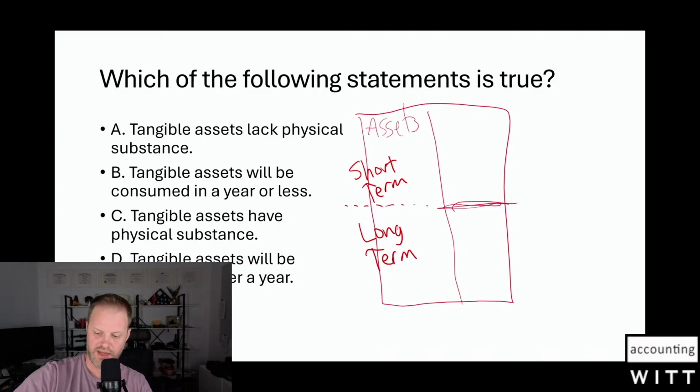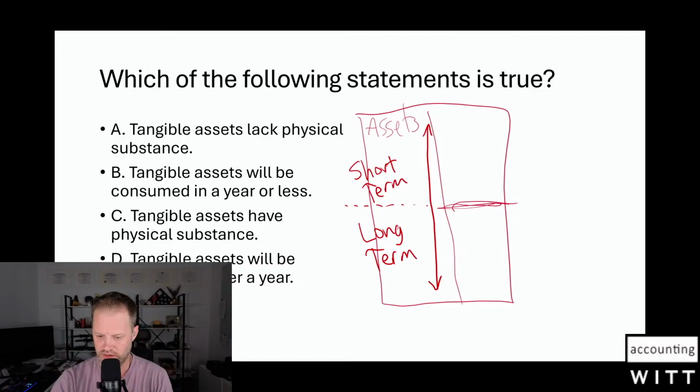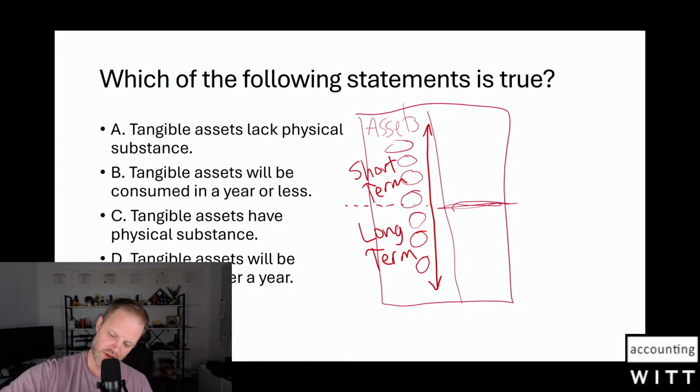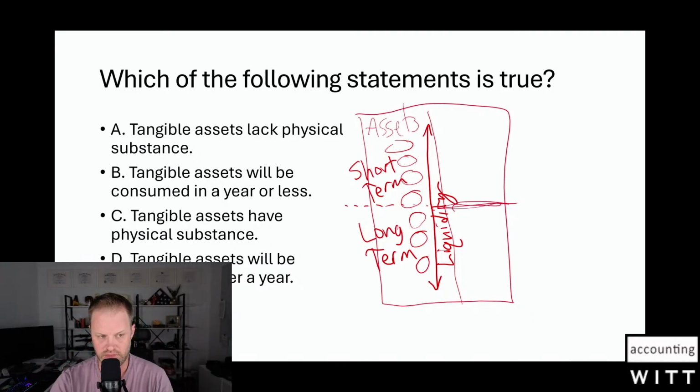The way that assets are ordered on the balance sheet, because on the balance sheet you're going to have a whole bunch of different accounts, they're ordered in order of liquidity. And short term first, long term are next.